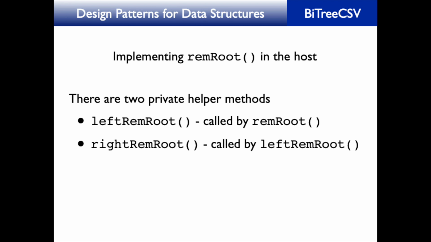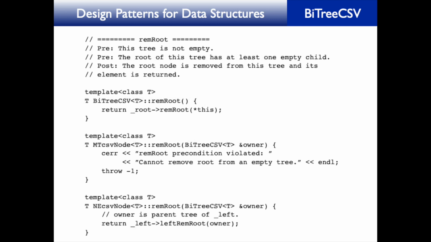So left remroot and right remroot are not just mirror images of each other, they do two significantly different things. The next figure is the code for remroot. The precondition of remroot is that this tree is not empty, because you cannot remove the root of an empty tree. And another precondition is that the root of this tree has at least one empty child, because if both children are non-empty and you remove the root, you would have 2 trees left over, and which one would become the new tree.